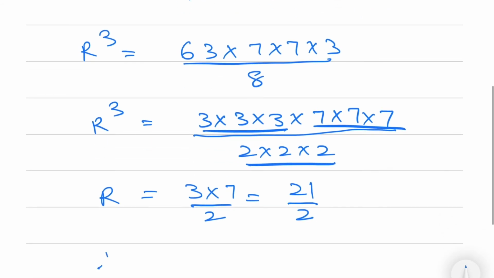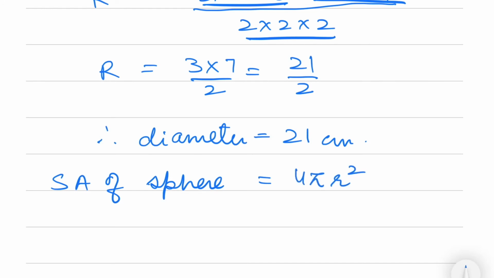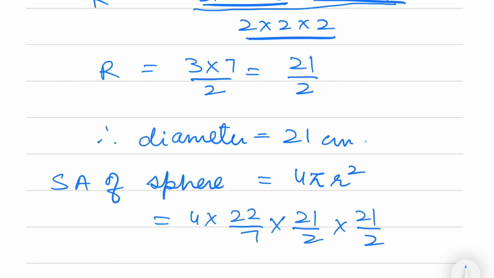Okay, so therefore diameter is equal to 21 centimeter. Now we have to find the surface area also. So surface area of sphere is equal to 4 pi r square. We have 4 into 22 by 7 into 21 by 2 into 21 by 2.